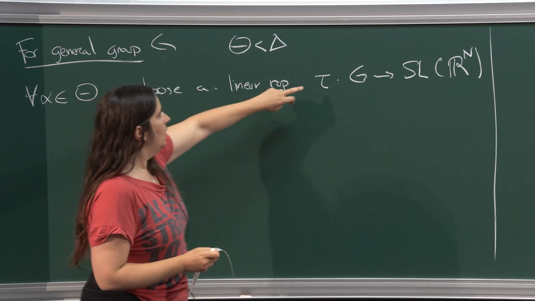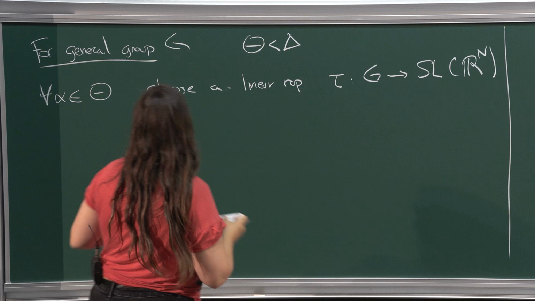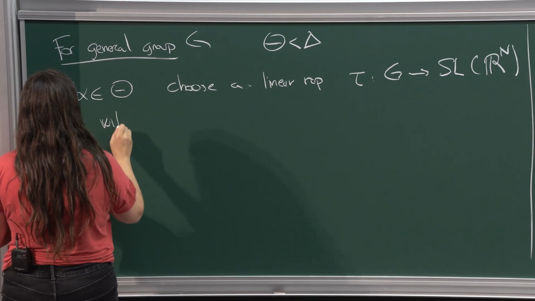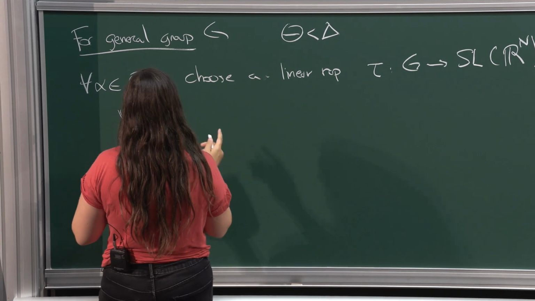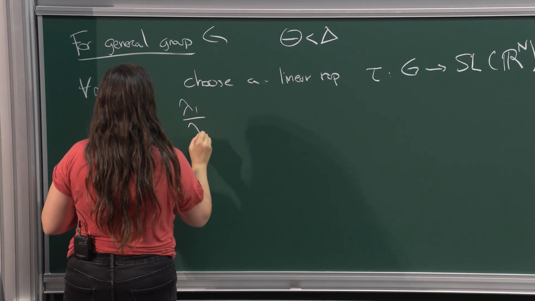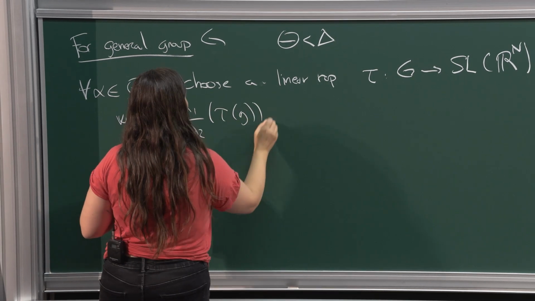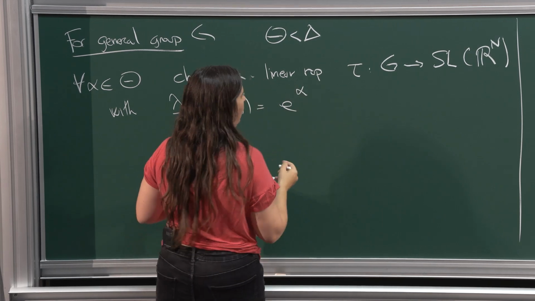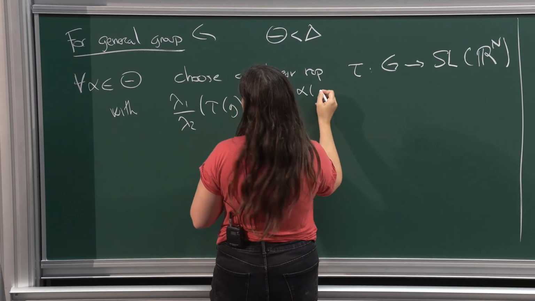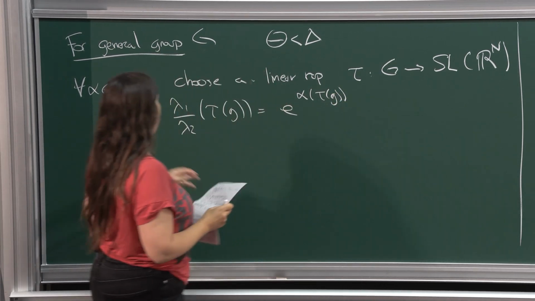I choose an action of G on a vector space of dimension n with lambda 1 over lambda 2 of tau of g equal to e to the alpha of lambda of g.